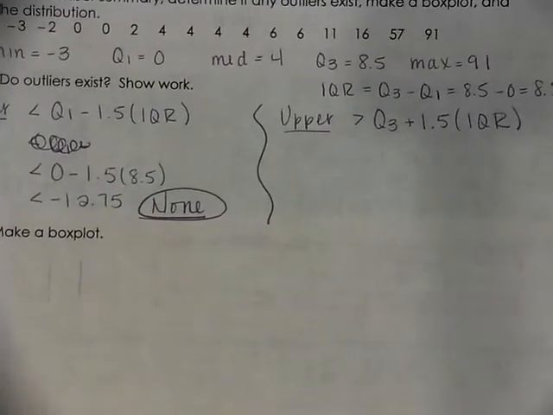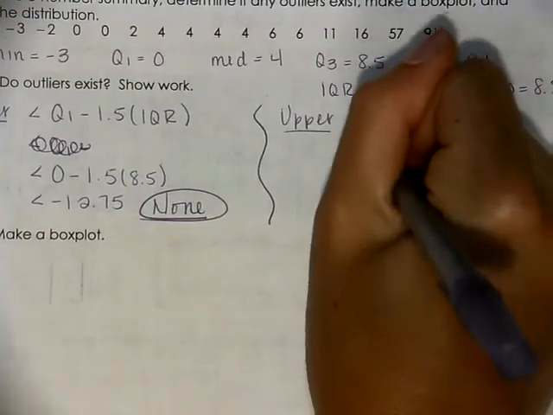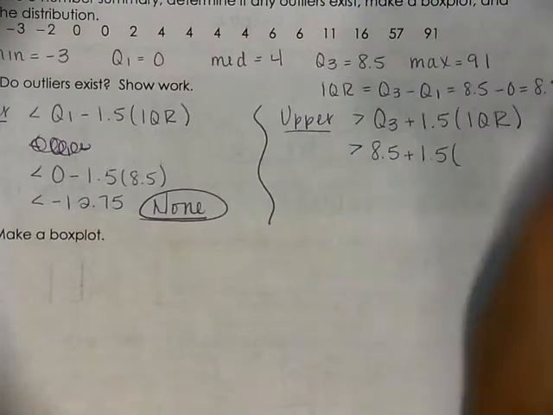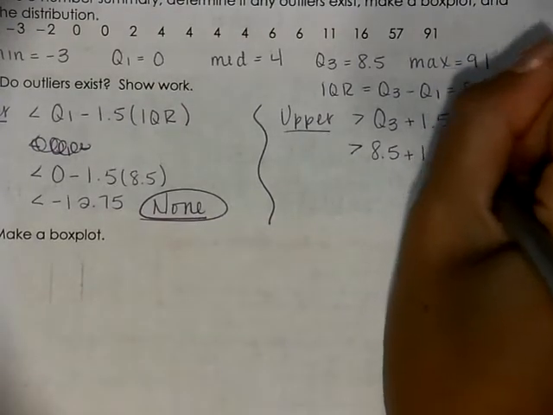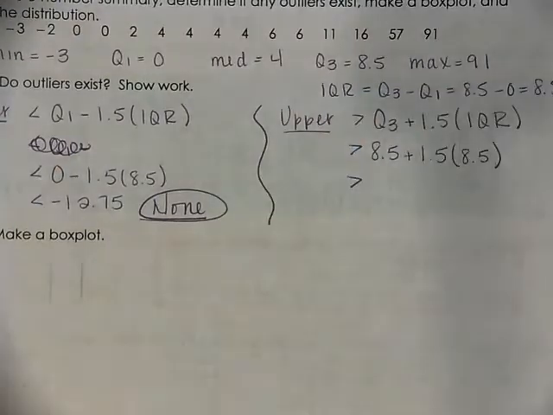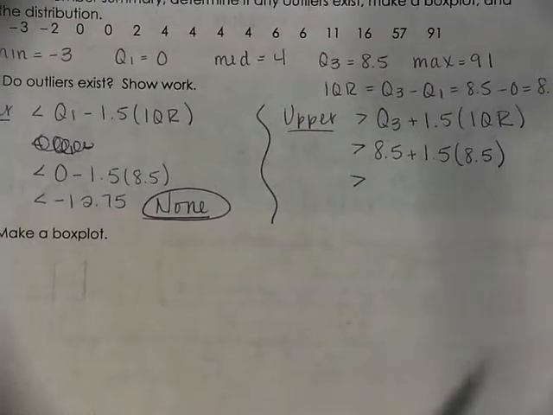Now let's check the upper direction. Greater than Q3, which was 8.5, plus 1.5 times my IQR, which we found was 8.5. So I'm going to type that into my calculator, exactly how I see it, 8.5 plus 1.5 times 8.5.